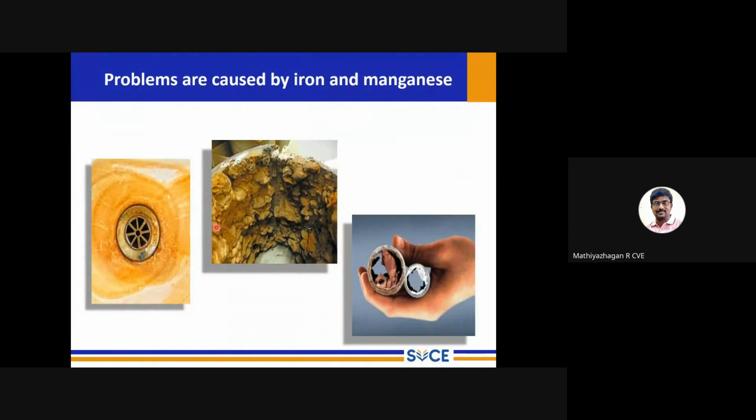This kind of bacterial growth is happening, this incrustation is happening in our pipe, and this kind of staining is happening.